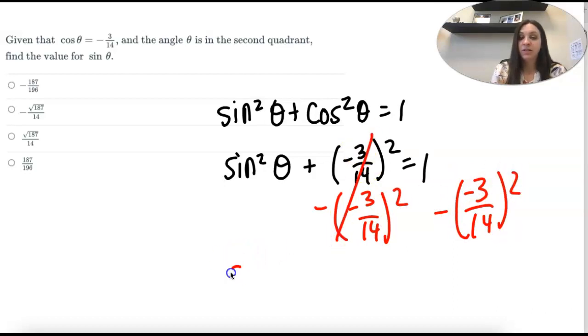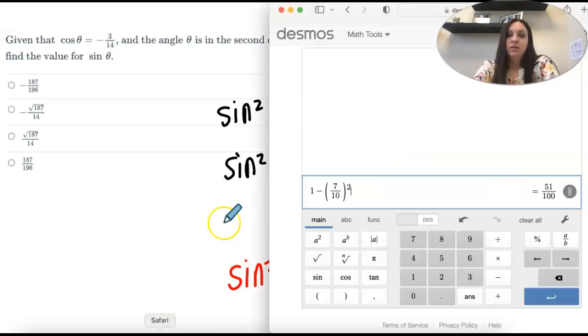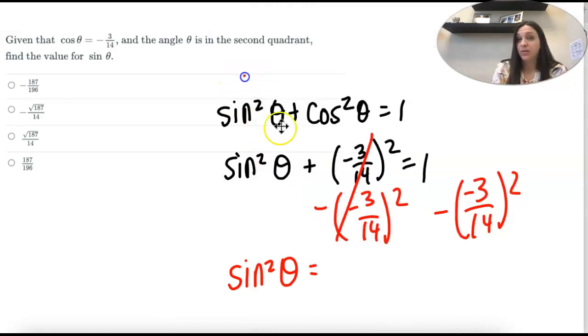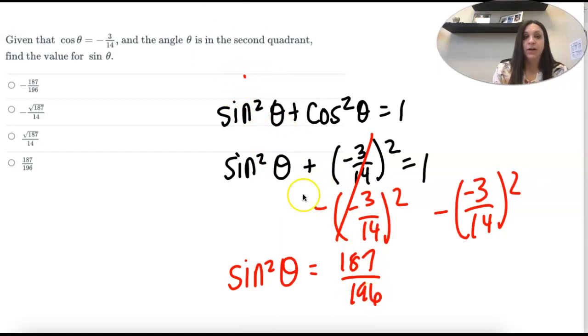You don't have to simplify it first. So -3 over 14 squared gives 187 over 196. Alright. Square root both sides.